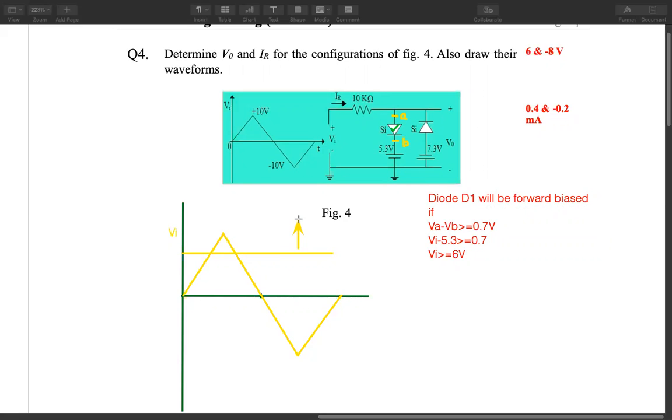Okay, now we will consider diode D2. Same thing for D2 also.